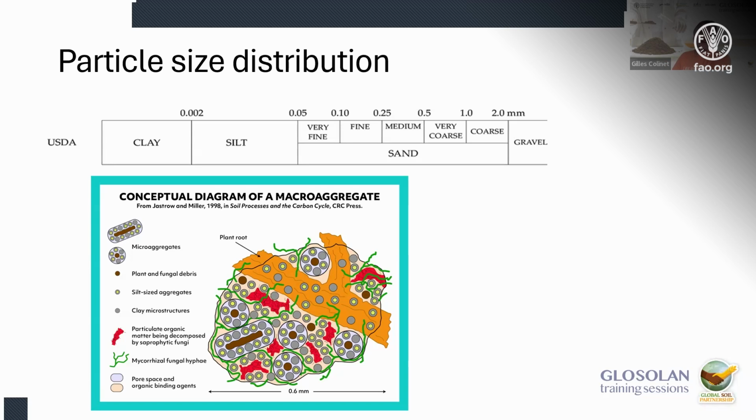Usually, it seemed clear to me, when I was taught by my teachers, that clay was all the particles below 2 microns, that between 2 and 50 microns you had the silt, and between 50 microns and 2 millimeters you had the sand.